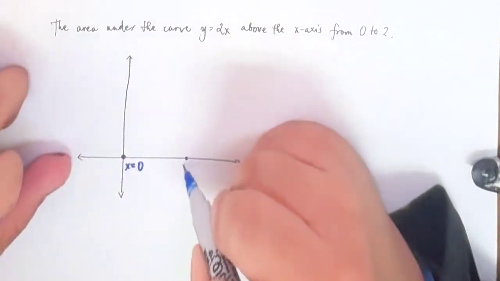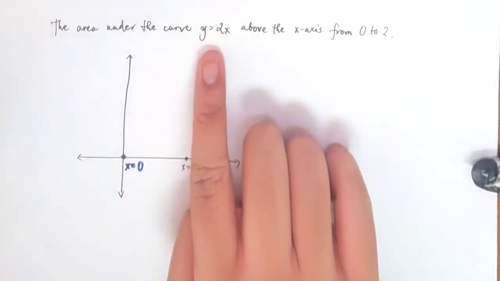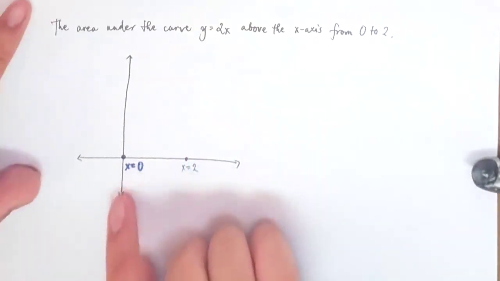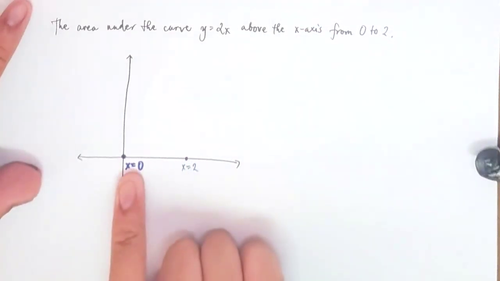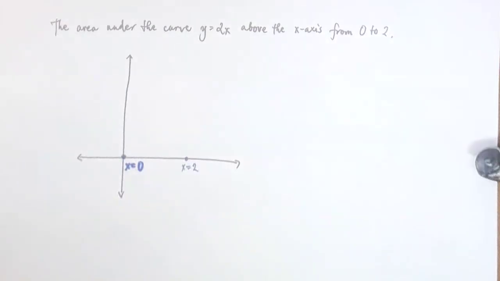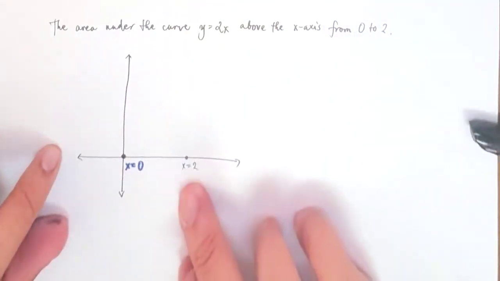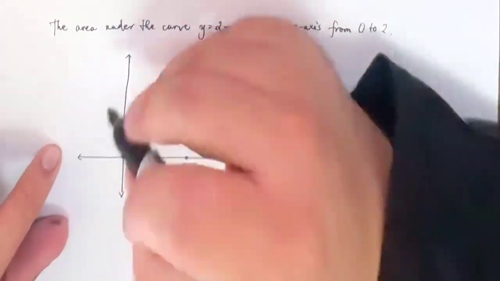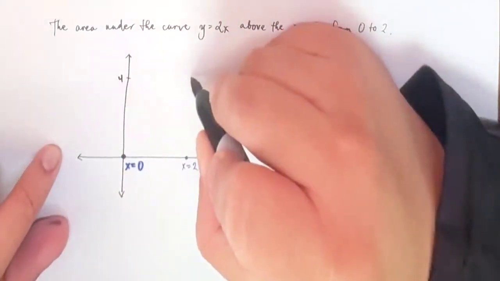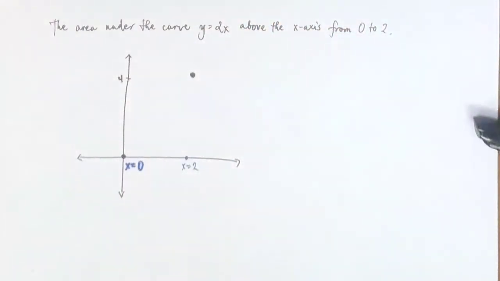So the graph of y equals 2x will just be a line. If x equals 0, what is y equal to? Well, y is equal to 0. And if x equals 2, then y equals 4. So let's say somewhere here. I don't have a ruler.